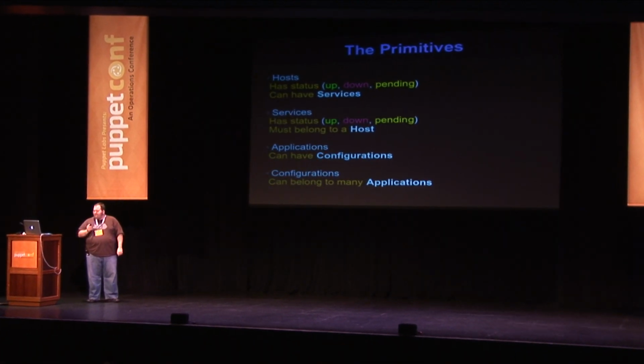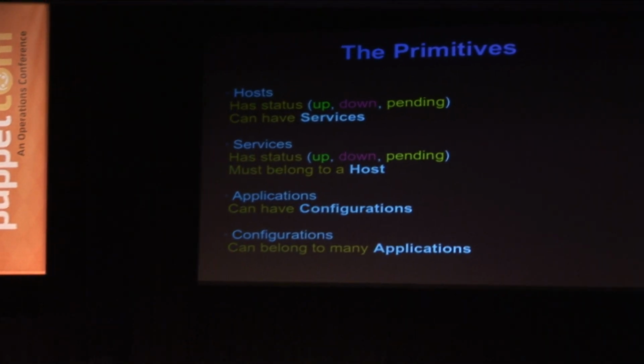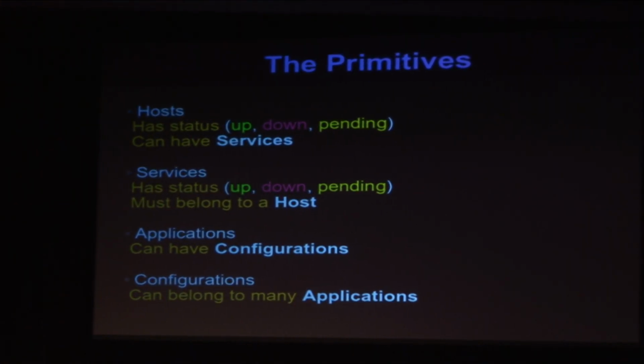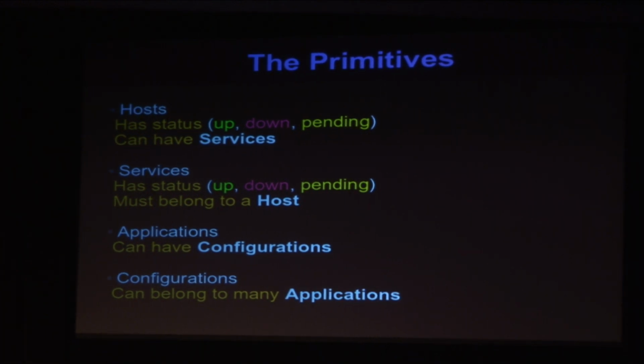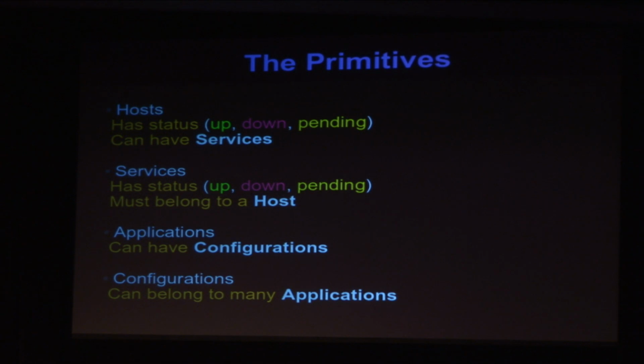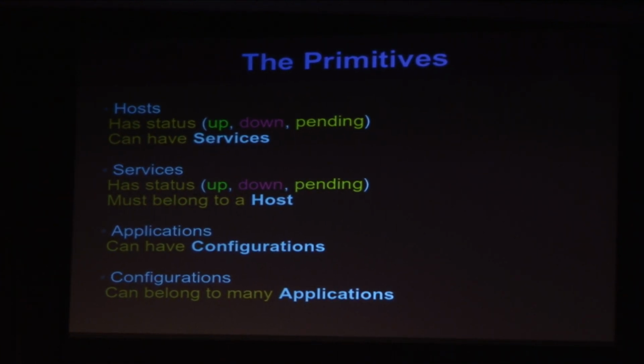So Noah has this concept of primitives, and it works a lot like primitives in a programming language. What are the base objects or the base types in your system? In Noah's world, we work with these primitives, and these are personal opinions as to what we would consider primitives in an operations or an infrastructure kind of world.